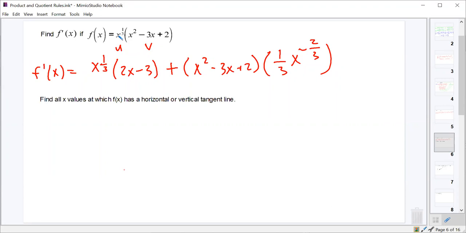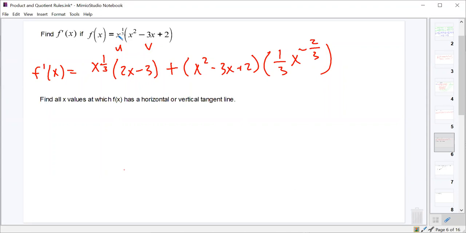And so any ideas on how we're going to simplify this expression out? Distribute. Okay, one thing we could do is distribute it out. Now, if we distribute all this out, x to the 1/3 times the 2x, that's 2x to the 4/3, right? Minus 3x to the 1/3, and all this other distributing, we're just going to get a long series of terms.